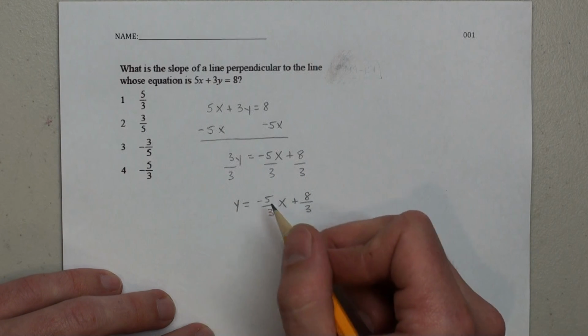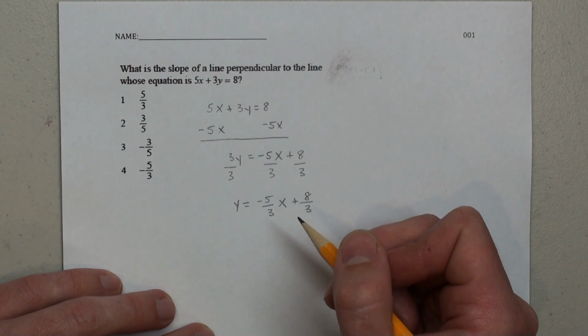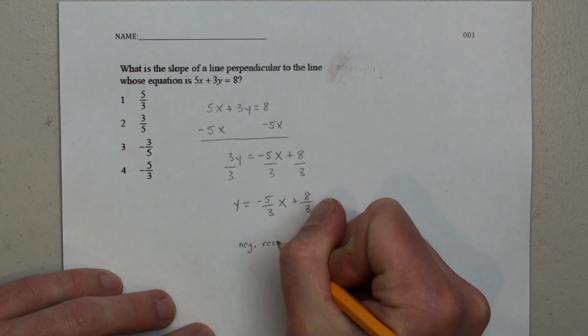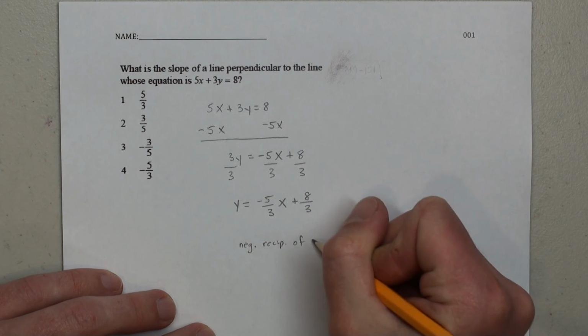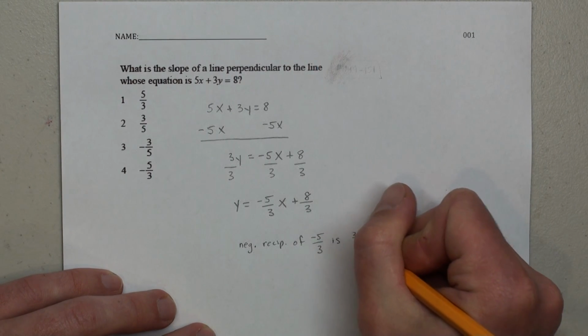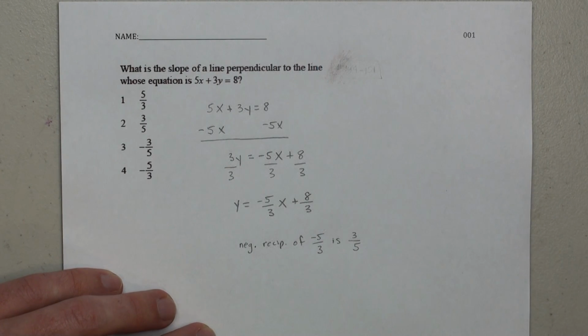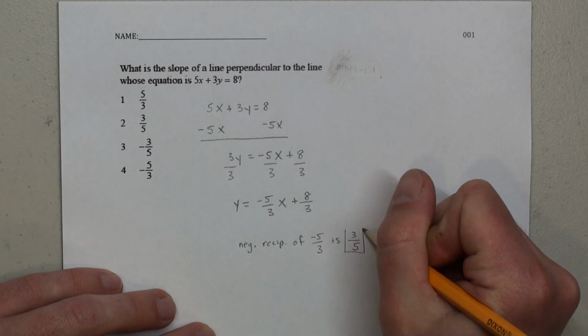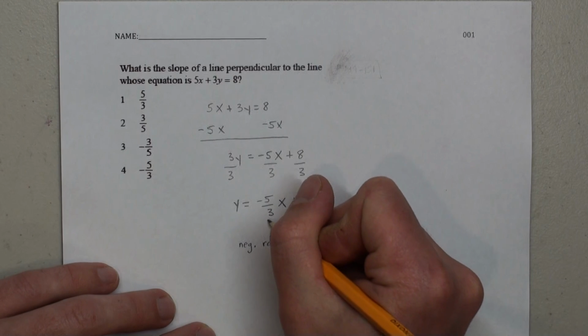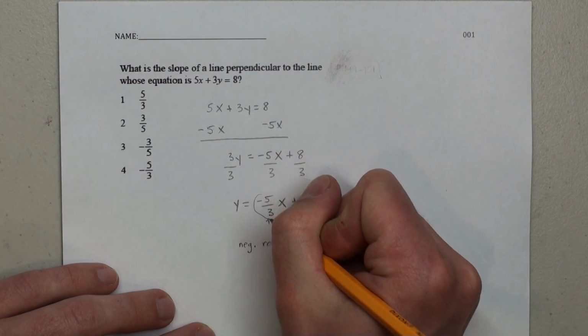Okay? So I want the negative reciprocal of the slope. So the negative reciprocal of negative 5 over 3 is 3 over 5. Okay? And this right here was where I got my negative 5 thirds from.